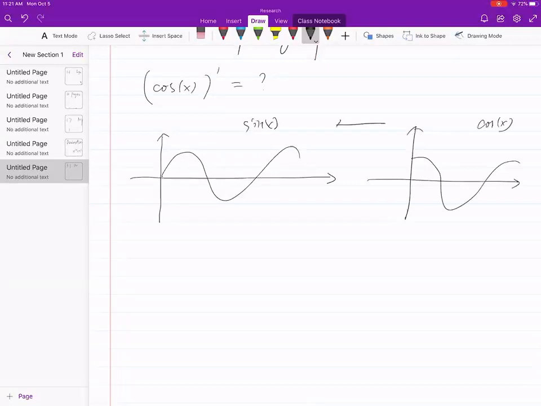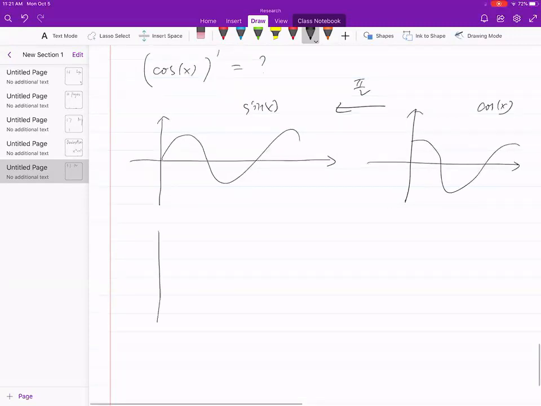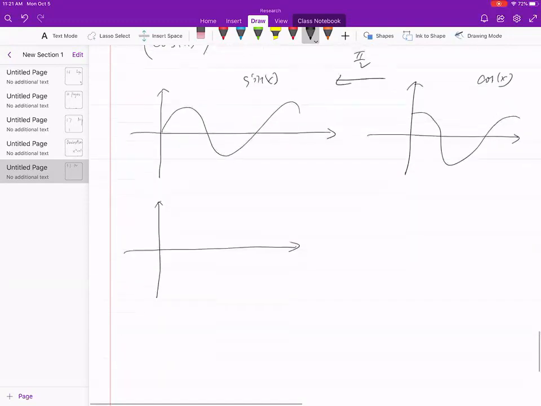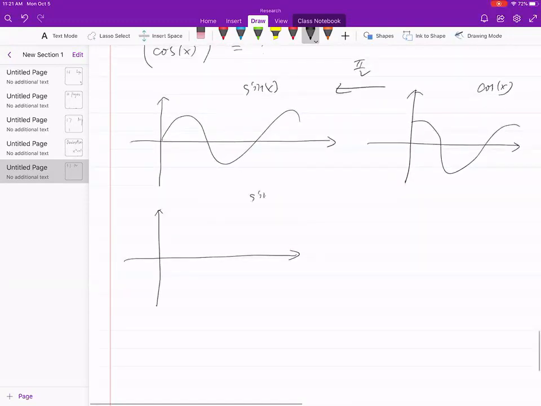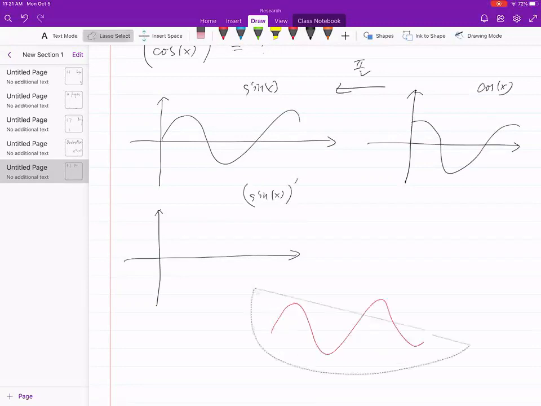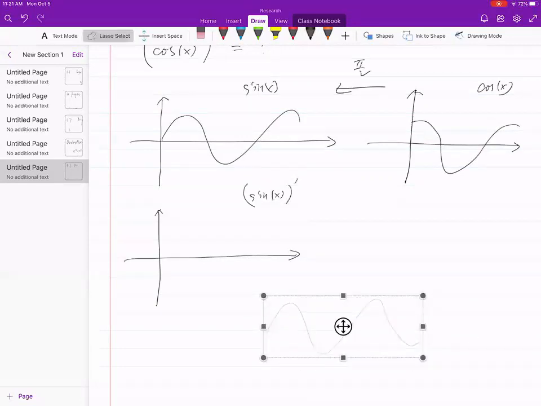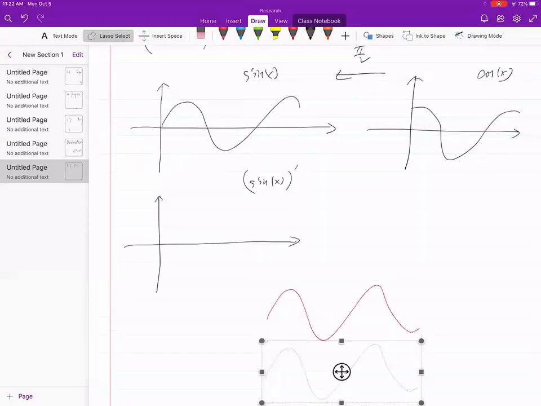Okay. What we do is shift to the left by pi over 2. All right. And we already know the derivative of sine x is going to be cosine x. Copy, paste.